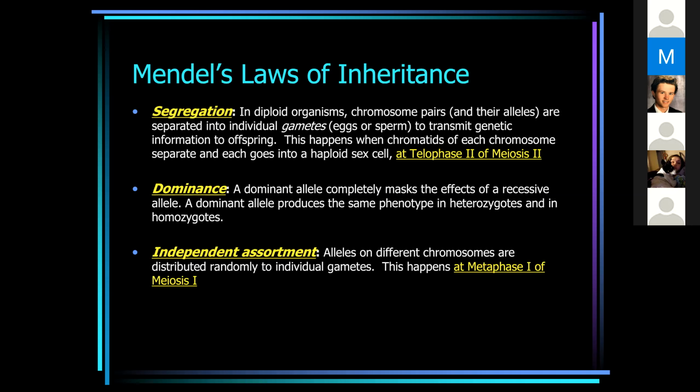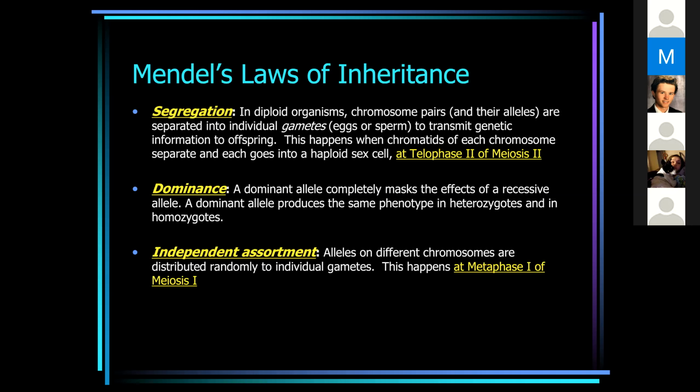This happens when chromatids, remember each chromosome is a pair of chromatids, separate and each goes into a haploid sex cell, and this occurs at telophase 2 of meiosis 2. So going back to when we talked about meiosis 1 and meiosis 2, the segregation occurs in telophase of meiosis 2.